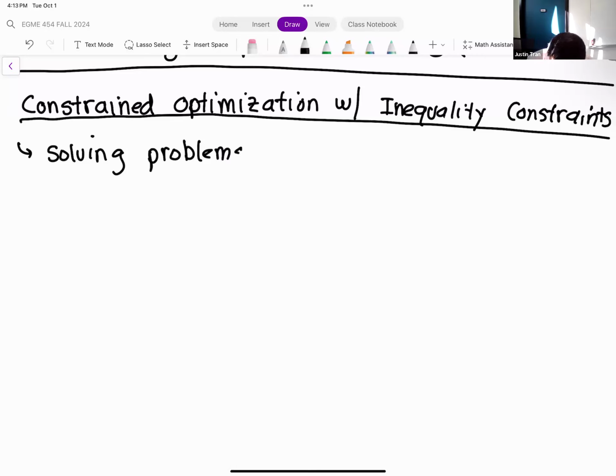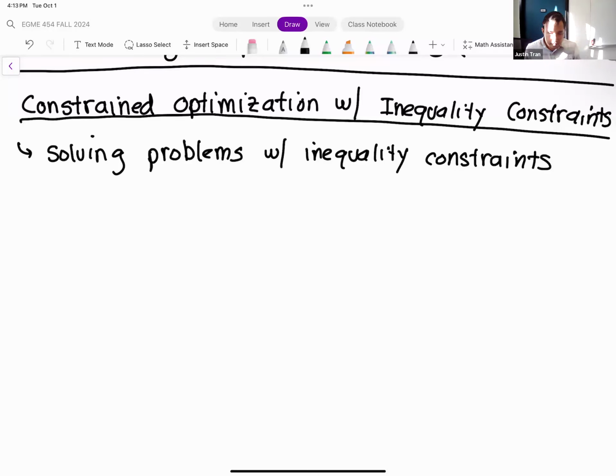All right, so when we solve problems with inequality constraints, the main challenge that we have is that we need to determine which of the constraints are going to be binding.